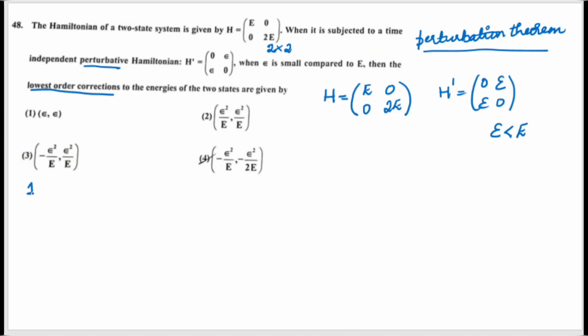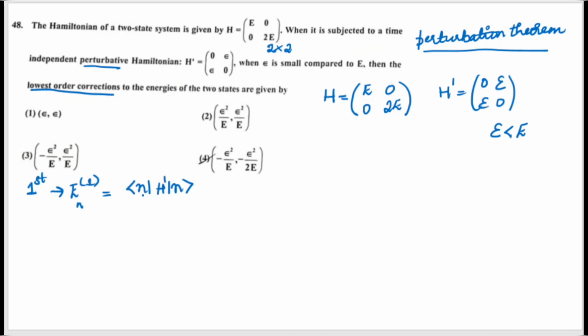For the first order correction of the energy, we have the formula, that is En of 1 equal to bra of n into h prime into ket of n. This is the formula for the first order correction.